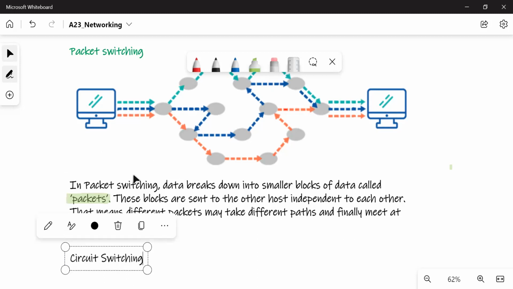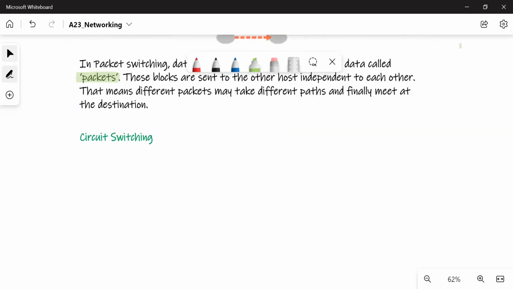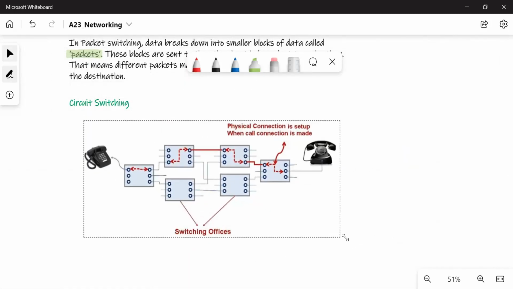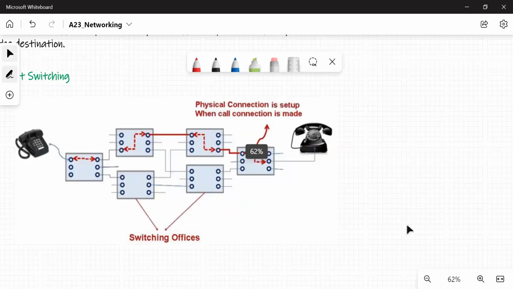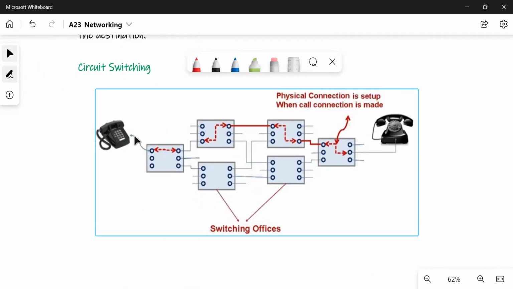This is the old-fashioned way people actually used in the early days. To show you a picture of this, it looks like this. What you see here is, let's say, a sender and a receiver.